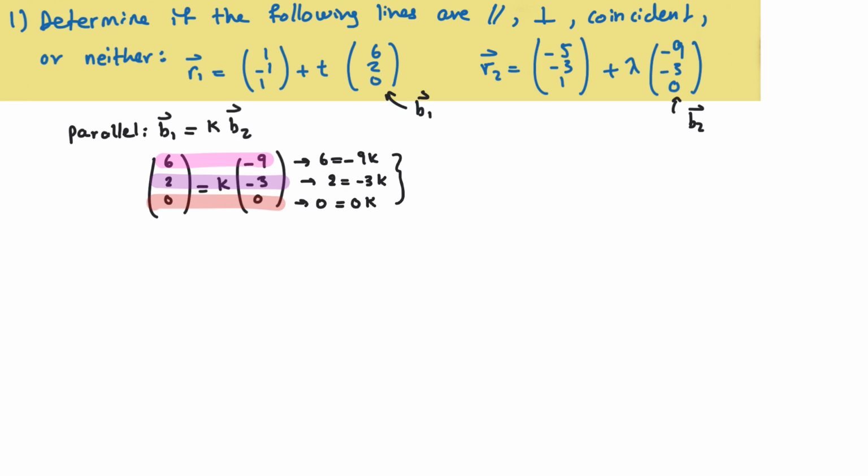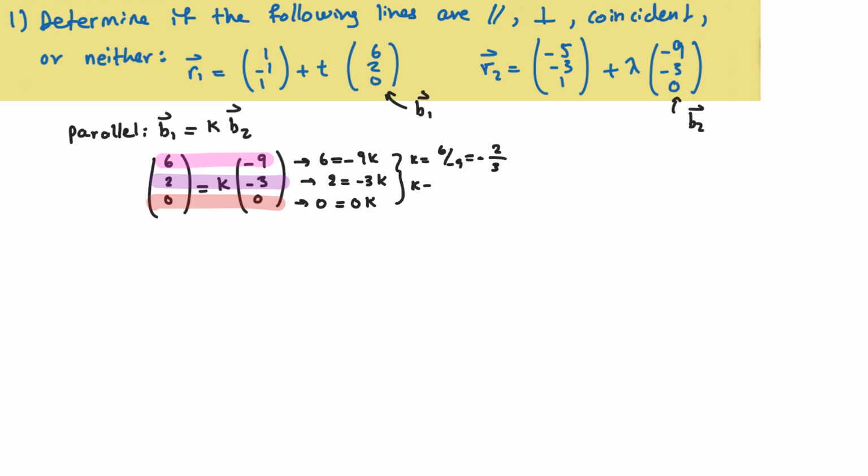Let's find the k values here. For the first one, the k value is 6 over -9, which simplifies to 2 over -3, or just -2 over 3.